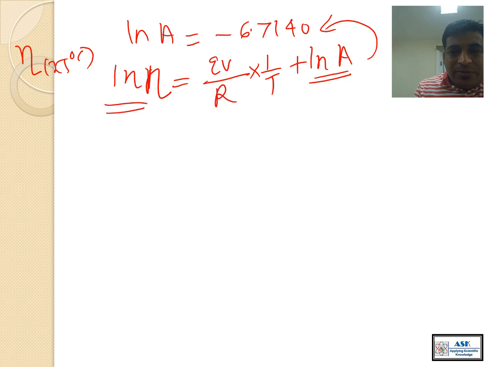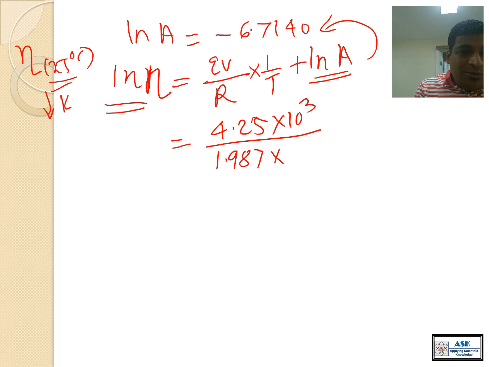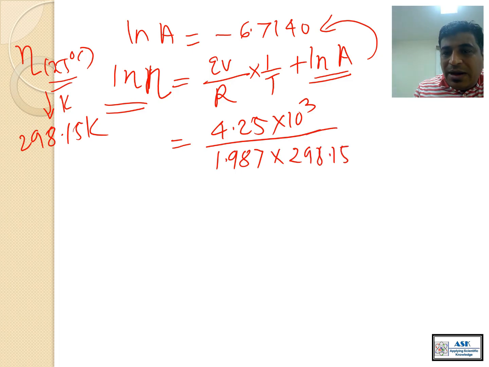So Ea, we know the value, 4.25 times 10 raised to 3 divided by 1.987 times, what is the 25? When we convert into Kelvin, it will be 298.15 Kelvin, minus 6.7140.